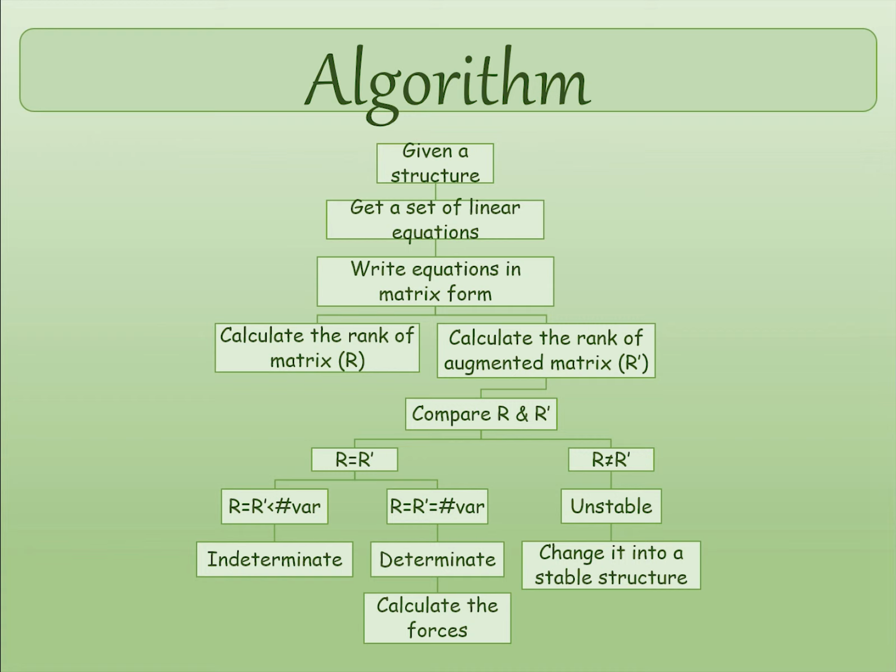If R equals R prime equals the number of variables, then there's only one solution, so we can solve this linear system, and it's called a determinate structure. On the other hand, if R is not equal to R prime, then there's no solution, so it's an unstable structure.